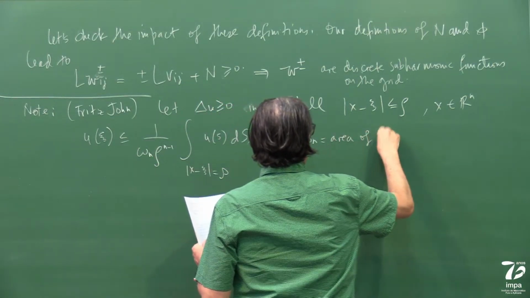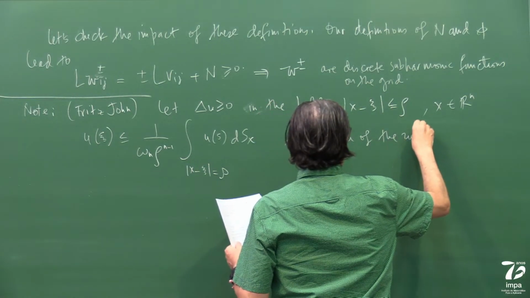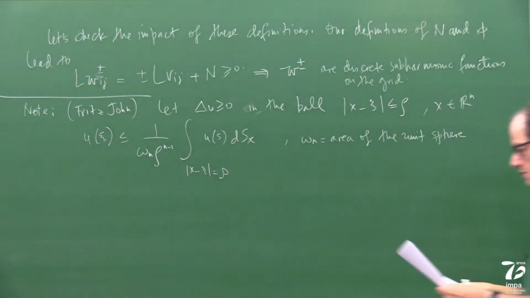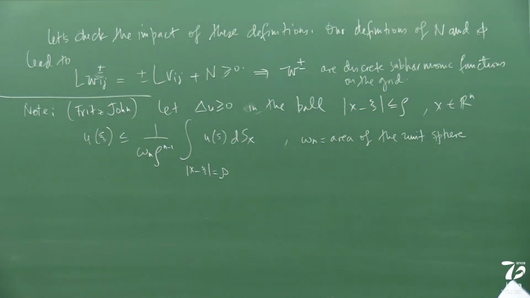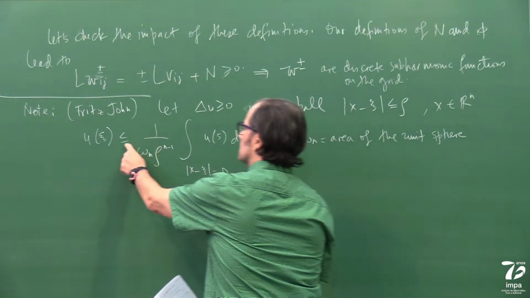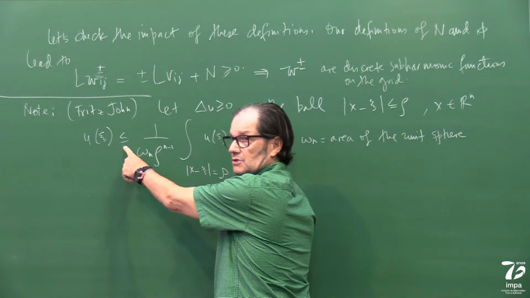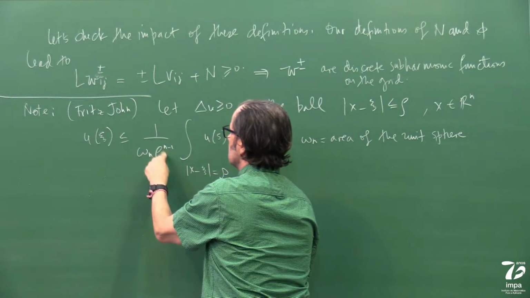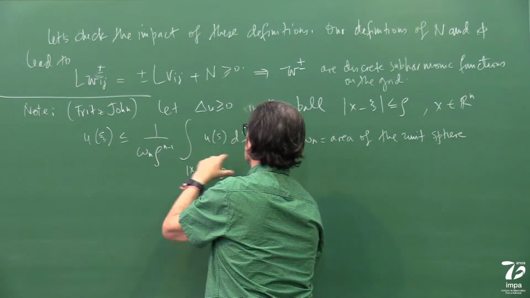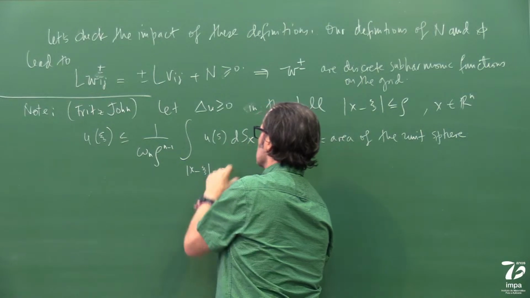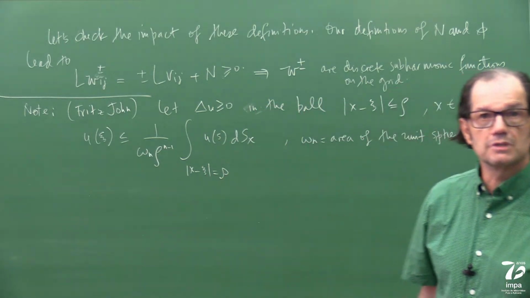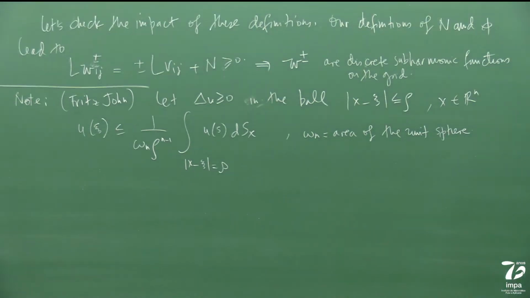Area of the unit sphere, right? So remember this, if the function is harmonic, this is the equal sign, the mean value at the center. This is the mean, which is the area of the surface, integrating over the surface of the ball. I think all of you here present have seen this in PDEs.